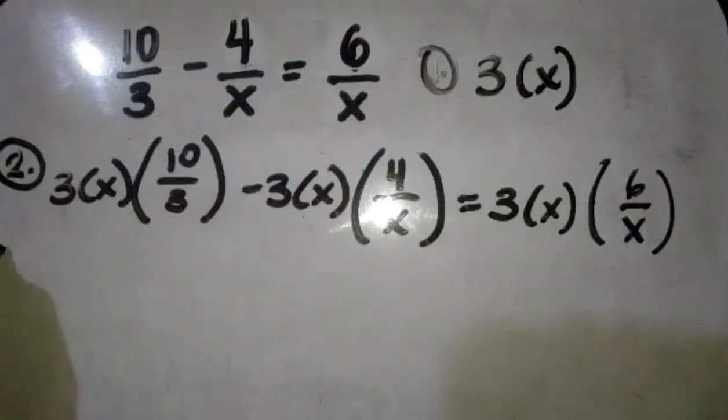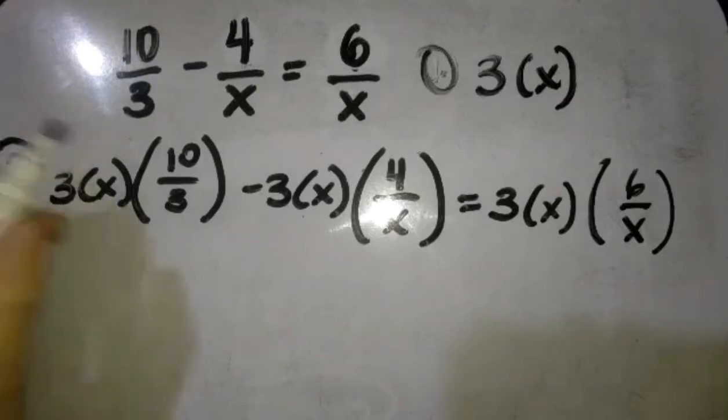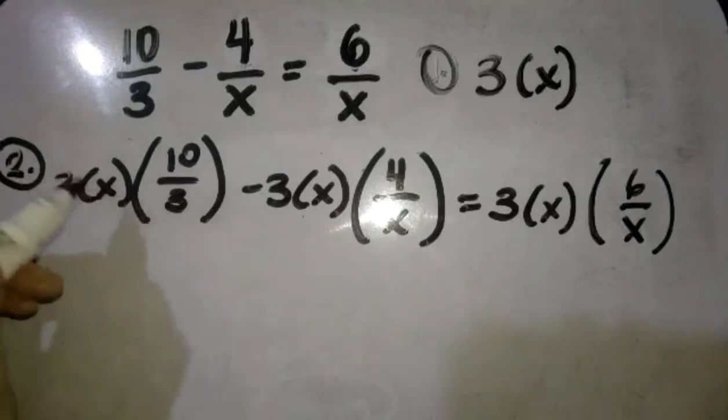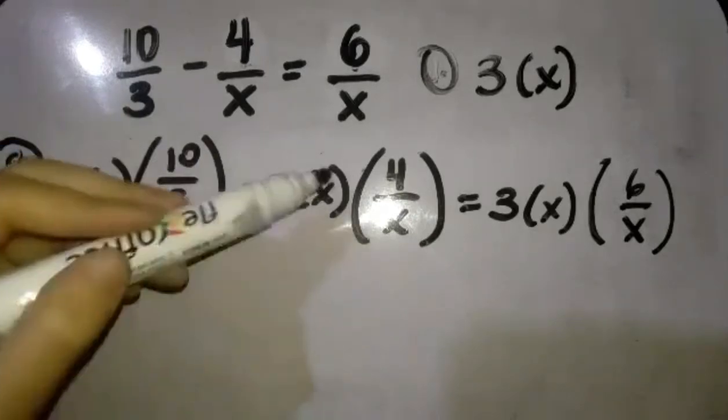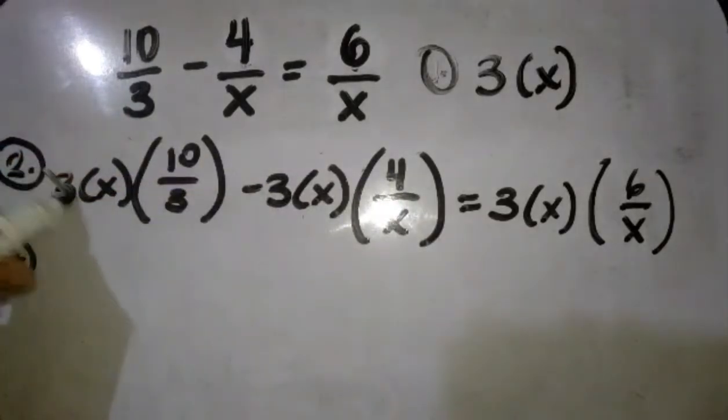And here we will just simplify it. We will cancel out all the same terms. 3 and 3 are the same, so we will cancel it.